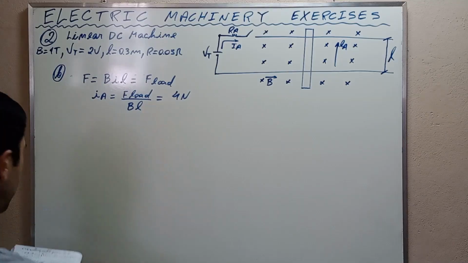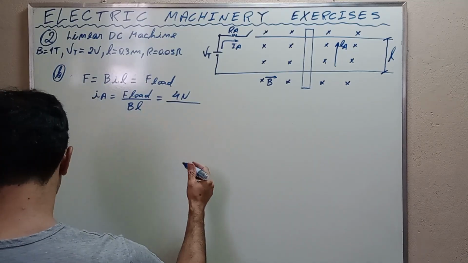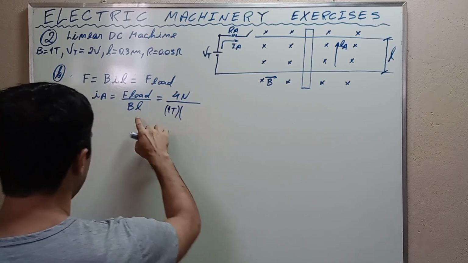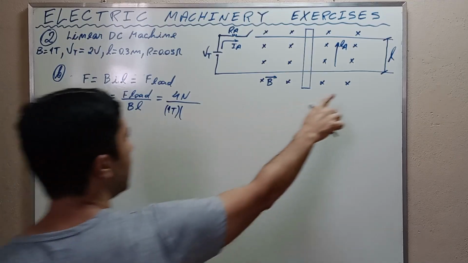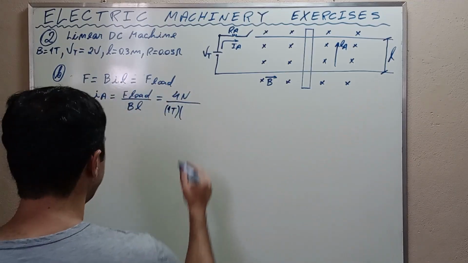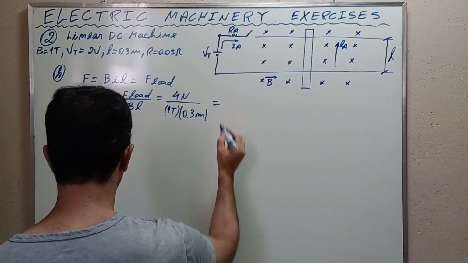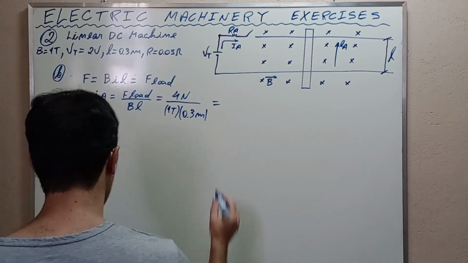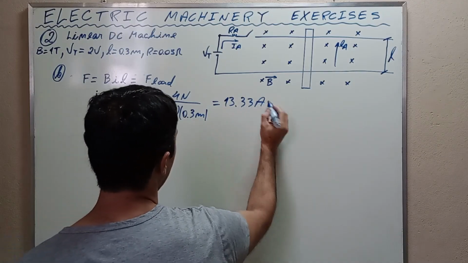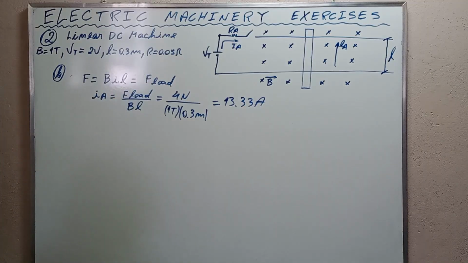So this force here is 4 newtons, and the magnetic field density is 1 Tesla, and the length here, the separation of the rails, is 0.3 meters, and then we find 13.33 amps. Okay, this is the current.